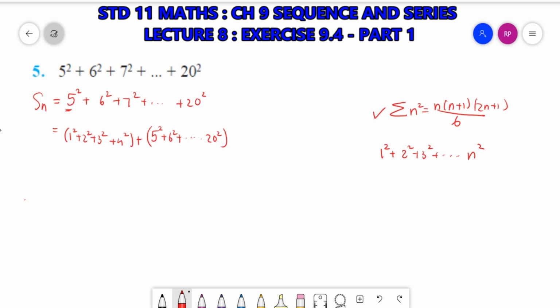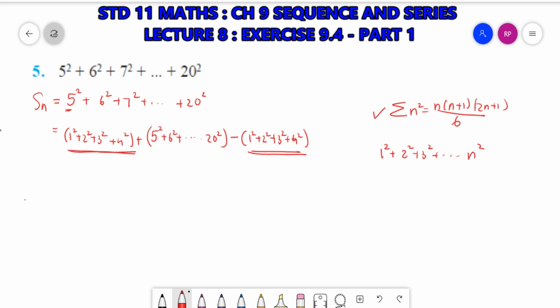This is the additional thing which I had added, so I will also subtract it, minus 1 square plus 2 square plus 3 square plus 4 square. Whatever I have added extra, I have also subtracted.